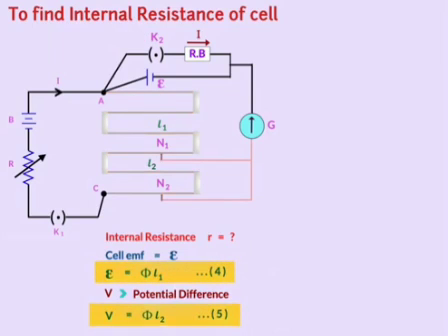From 4 and 5 we get epsilon by V equals phi L1 by phi L2, or epsilon by V equals L1 upon L2. We know that epsilon equals I into (R plus r) and V equals IR.